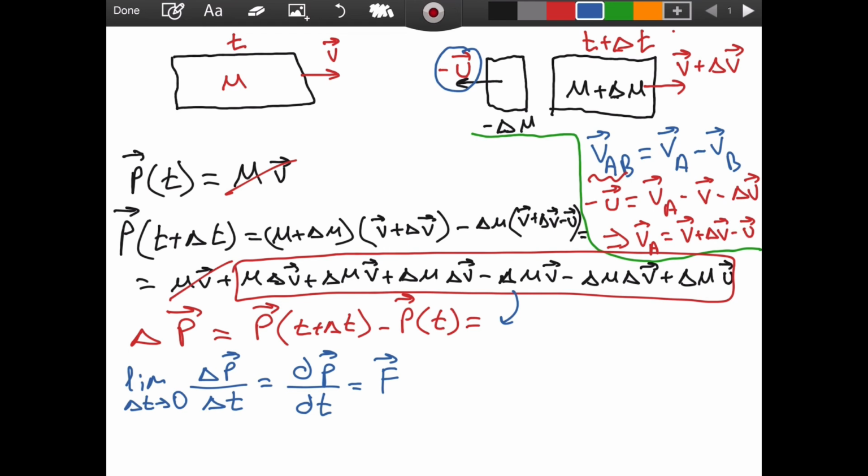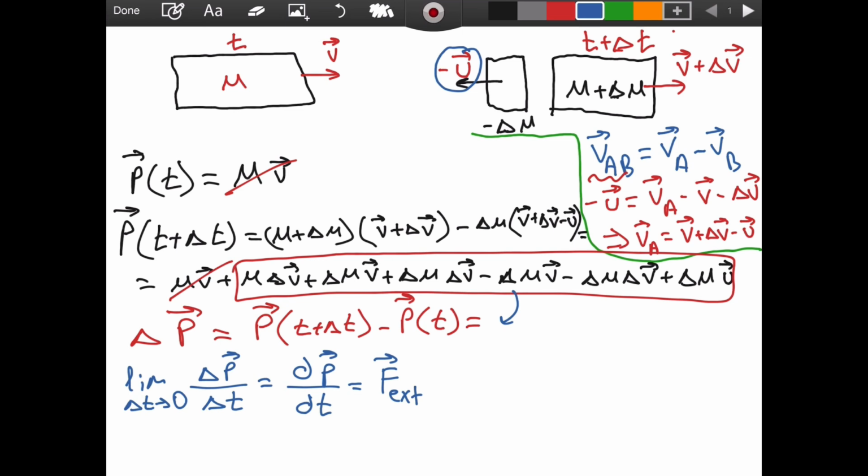I'm going to use a subscript external, ext, to emphasize that this is a force that is external to the fuel rocket system. For example, this is not the thrust force that is being generated by our rocket. No, this is an external force, like the gravity of a planet.